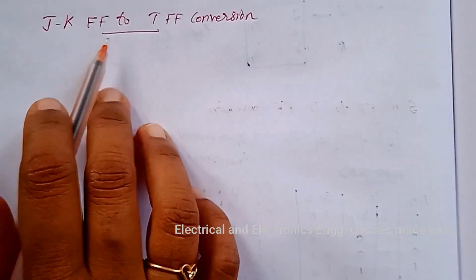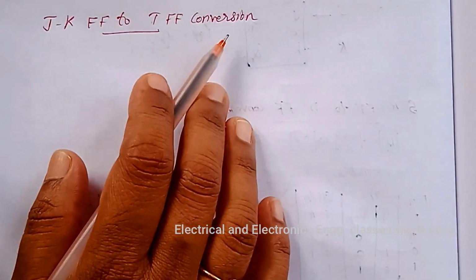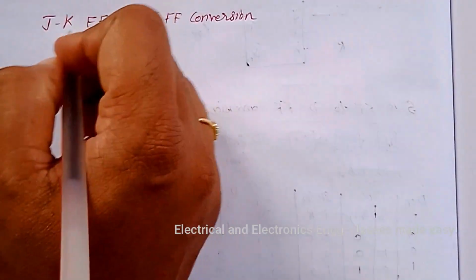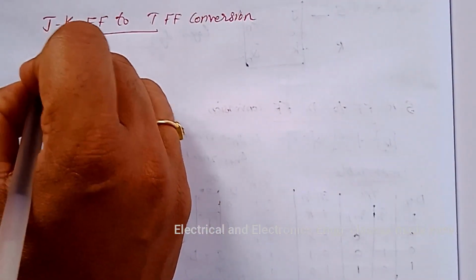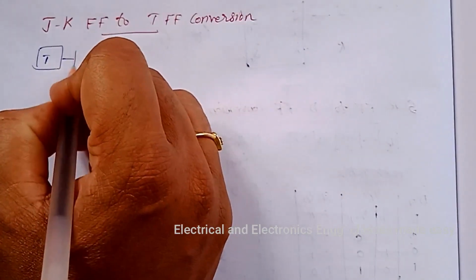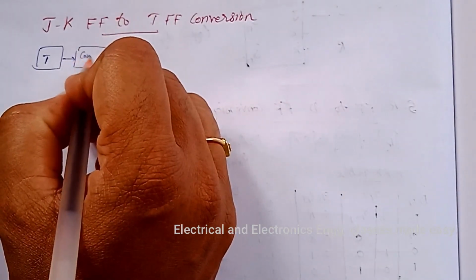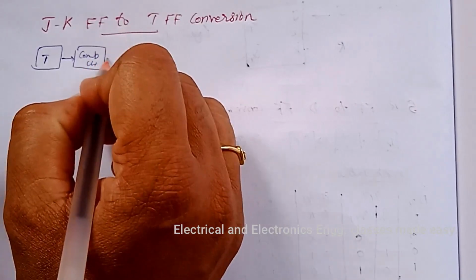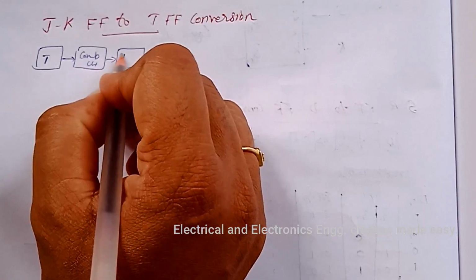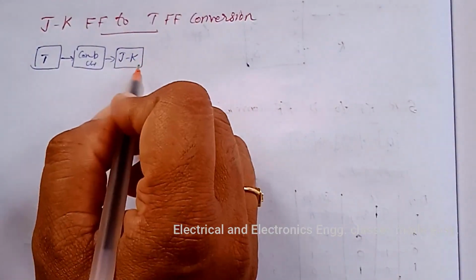Next is JK flip-flop to T flip-flop conversion. So here T flip-flop is the required flip-flop and there will be a combinational circuit and then the actual flip-flop, that is JK flip-flop.